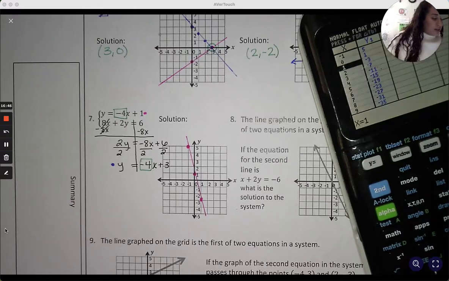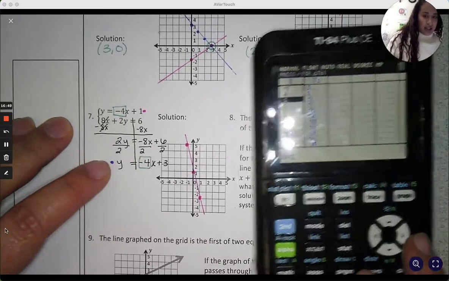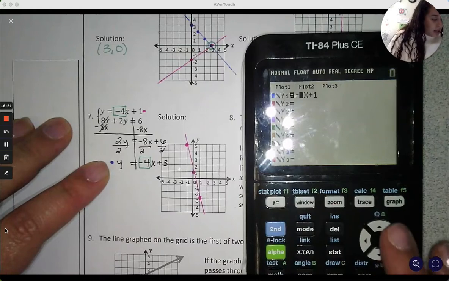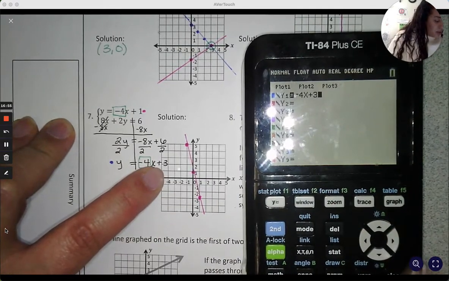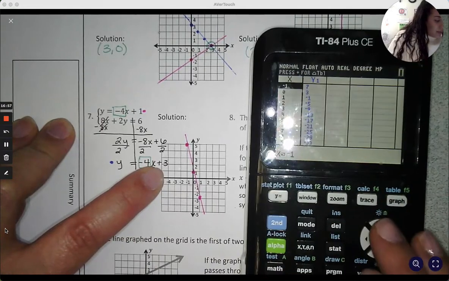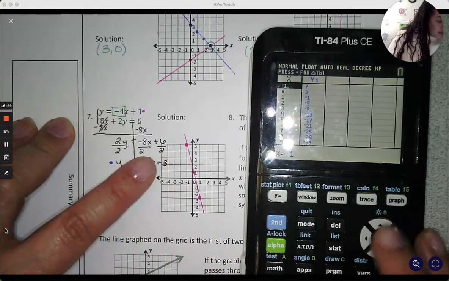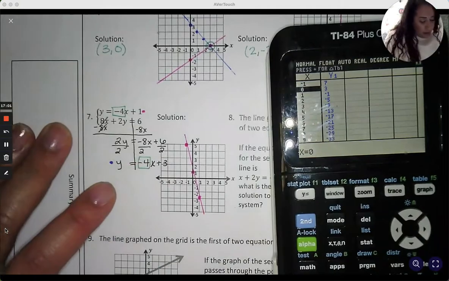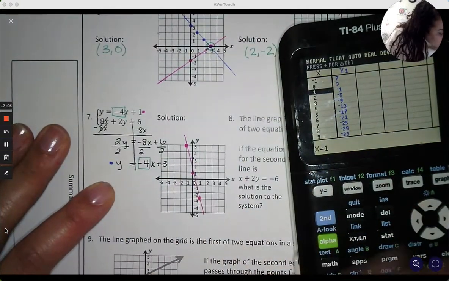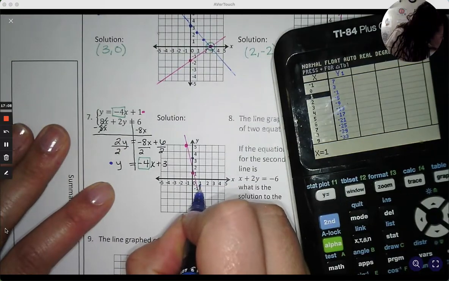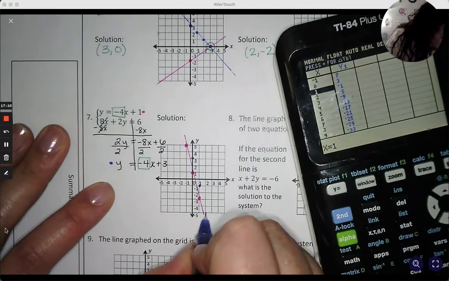So if I go back to our handy dandy calculator, and I plug in negative 4x plus 3, and I look at the table, negative 1 is 7, 0 is at 3, 1 is at negative 1, 2 is at negative 5.